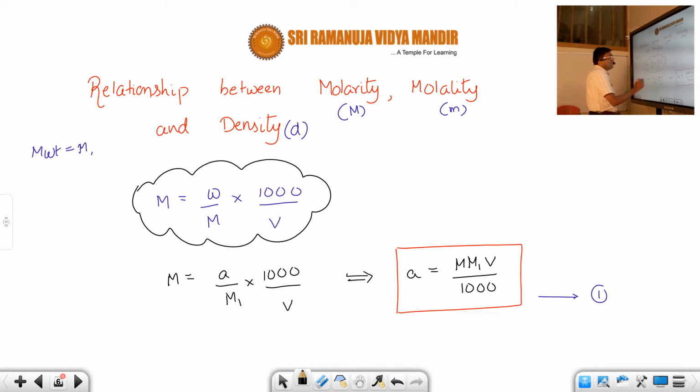Now the weight of the solute, A, by molecular weight M1, into 1000 by V. This is nothing but the mass of the solute, which I have written as M1 into V by 1000. So this is equation number 1.